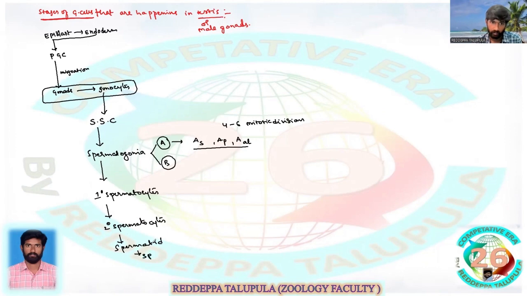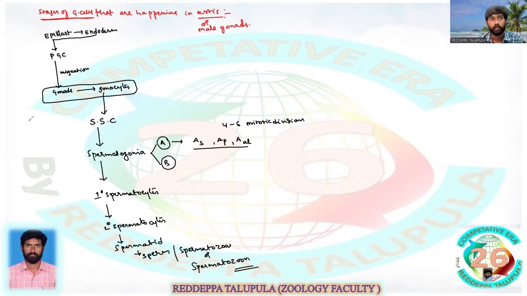The final structure is sperm, or spermatozoa, or spermatozoon. In some books, it is given as spermatozoon. Okay, this is the hierarchy involved in the stages of germ cells based on the timings.